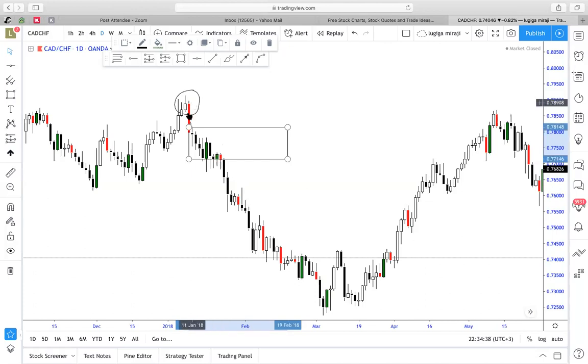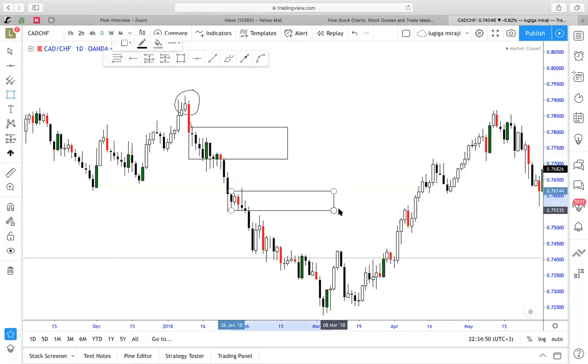So price was dropping, it bases, then it drops. After dropping, we have another base formed. This is the base, because you cannot tell me what direction the market was going in here. Price drops again, right? It was trying to go up to that level to fill other orders, but the liquidity was very high.